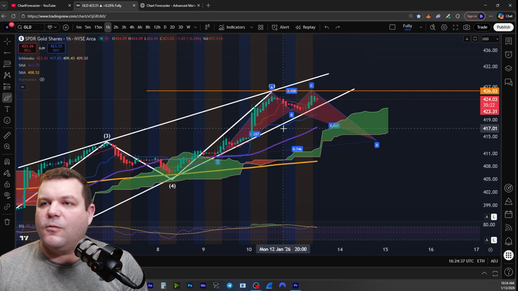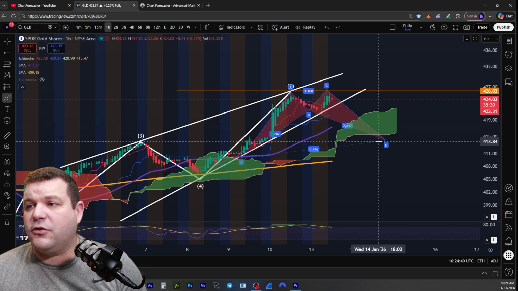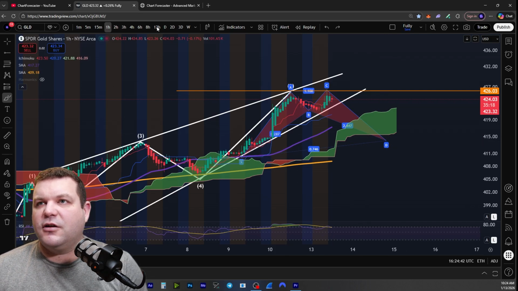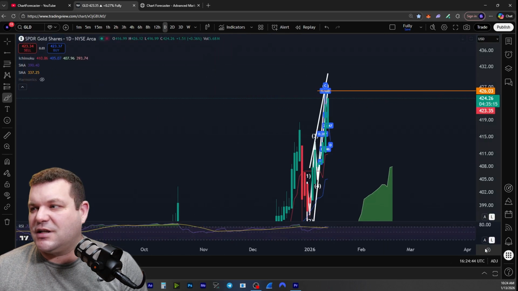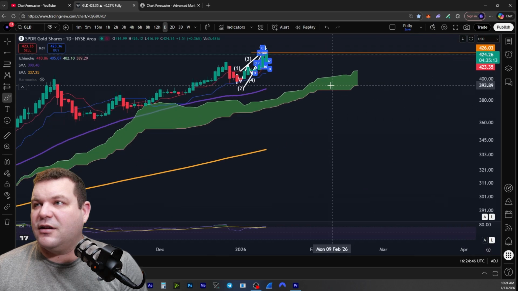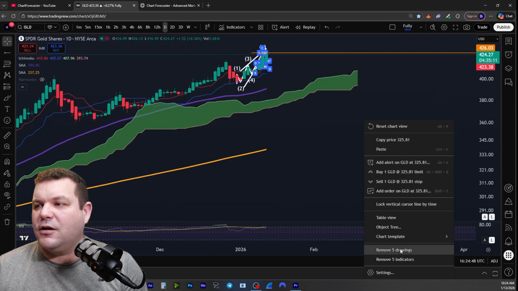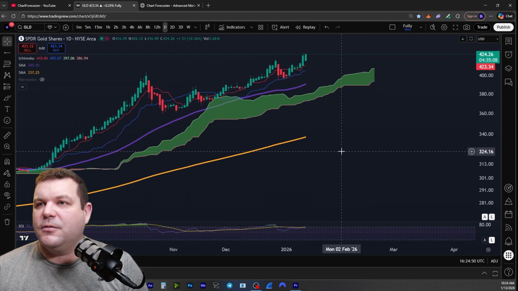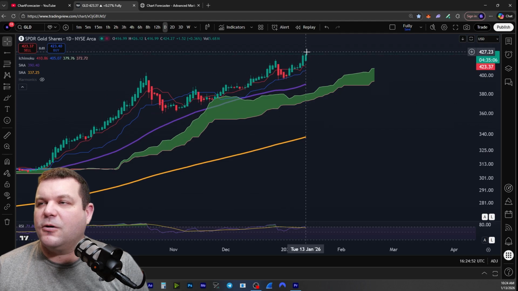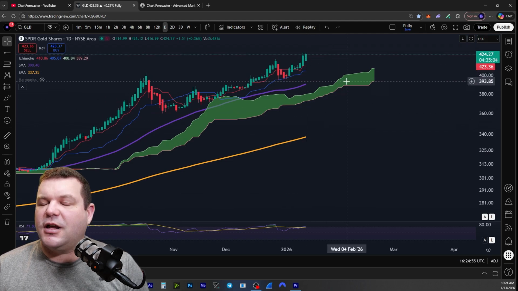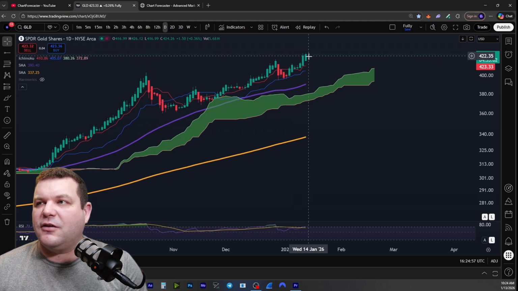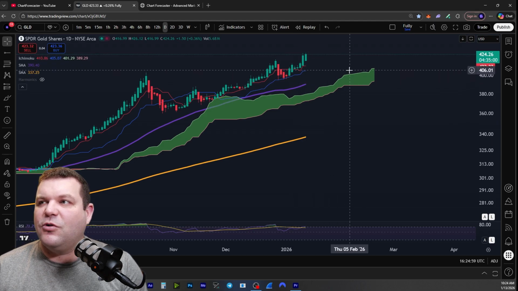But for now, what I'm seeing is that the price of silver might just need to take a breath because this thing is way out in left field. We're seeing the price way out, far from the Ichimoku cloud. So we might need to see price come back in towards this 50 moving average, somewhere in there.